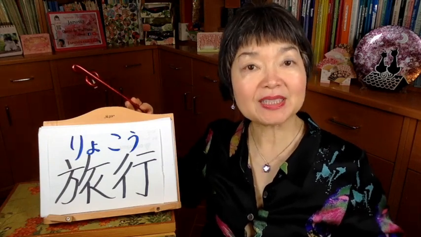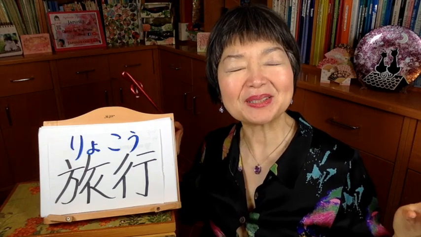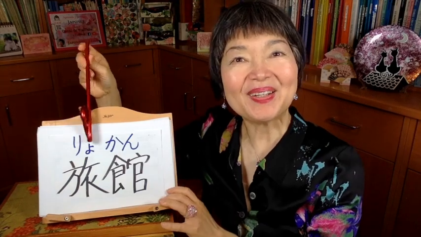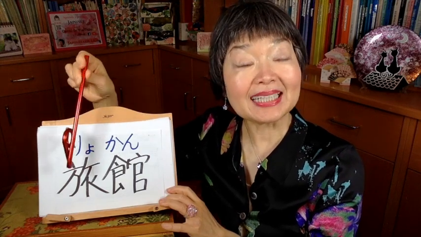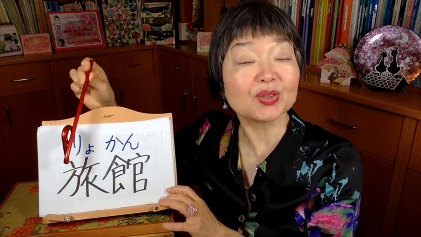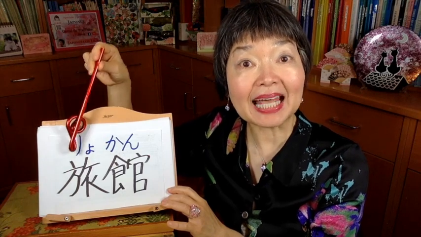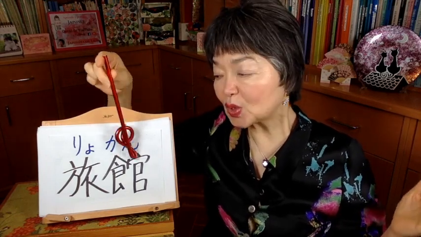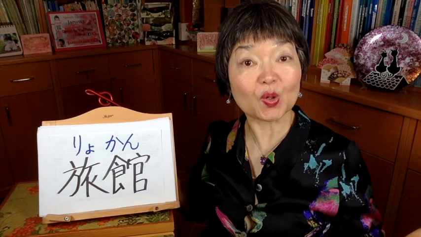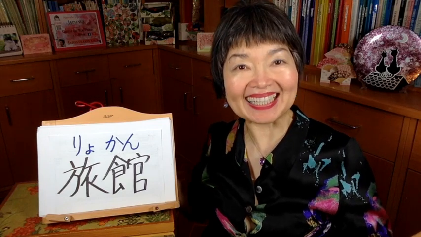And if I want to say it as a verb, 旅行します, to travel. 旅館. This 旅 is the same as 旅行, trip. So something to do with a trip. We can also pronounce this kanji 旅, it is also the trip. And 館, we already saw this kanji before with 図書館, library.